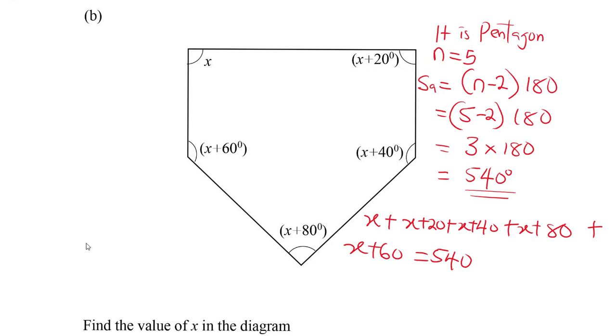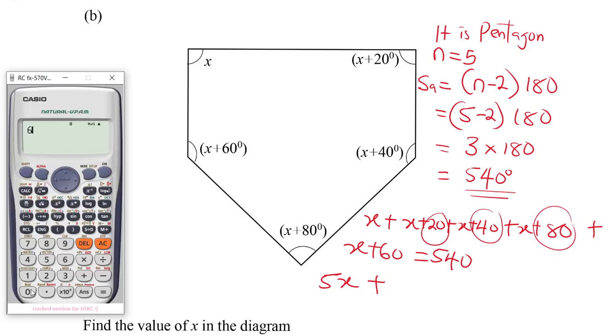So now let's add all the x together and the numbers together. We have x 1, 2, 3, 4 and 5, so 5x plus, we have 20 plus 40 is 60, 60 plus 80 is 140, and 140 plus 60 is 200, right?